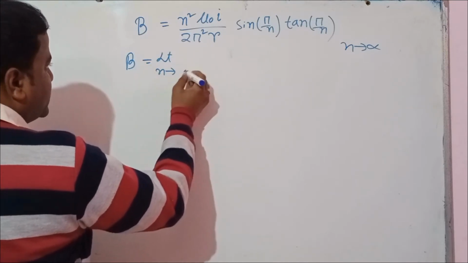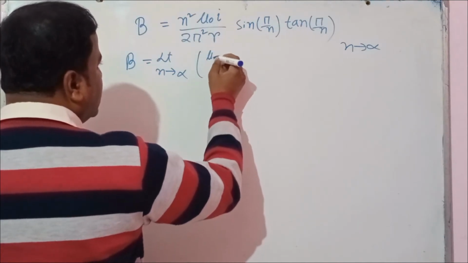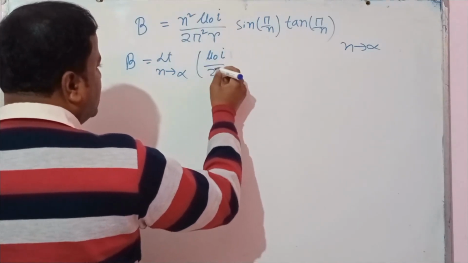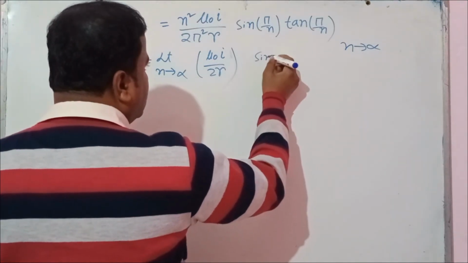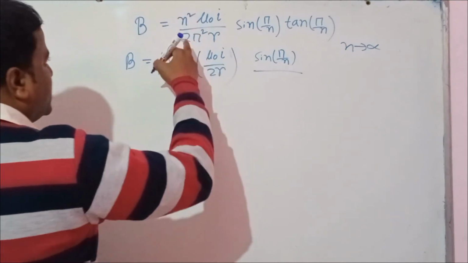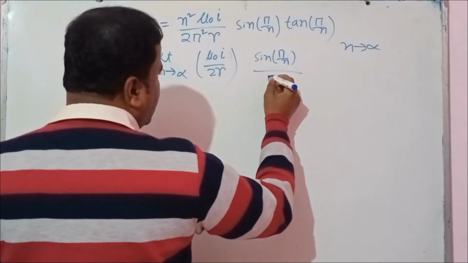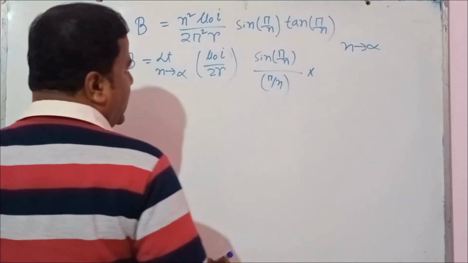Limit n tends to infinity. Here we take separately mu naught I upon 2r and sin pi by n square pi square. Here we take 1 pi by n and tan pi by n.